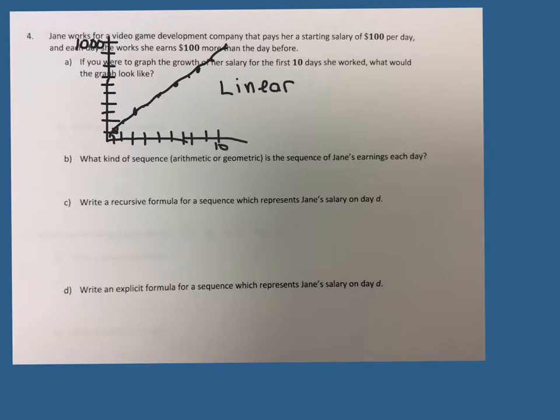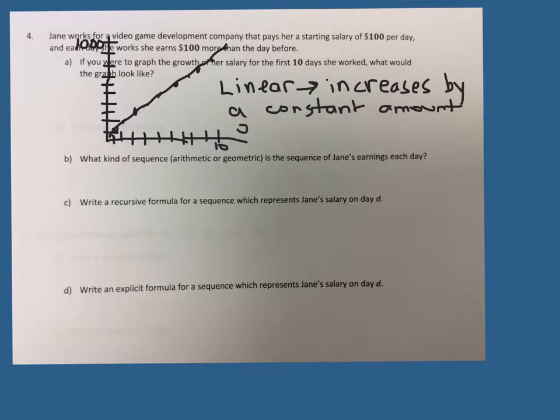And the reason why it's linear is because it increases by a constant amount. And I'm going to be even more specific. I'm going to say of $100 per day.